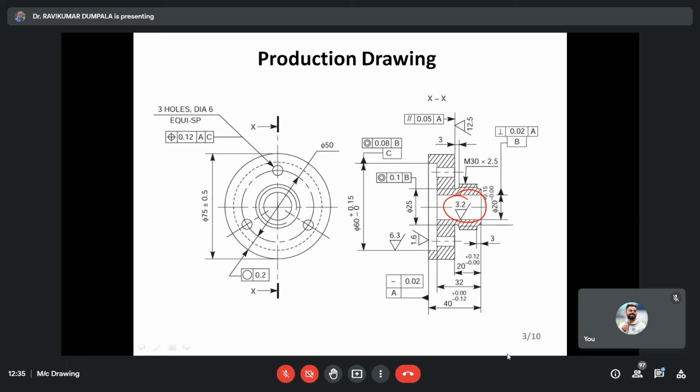So they try to give as much tolerance as possible without deviating from the functional or quality requirements of the assembly. They decide at what cost they can produce the component, and plan how close the tolerances have to be.